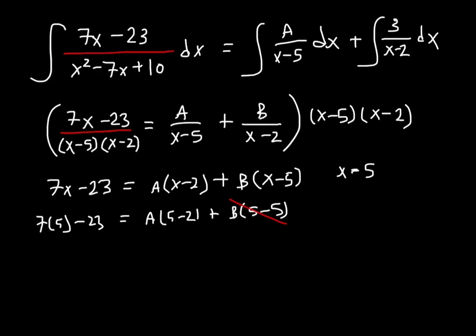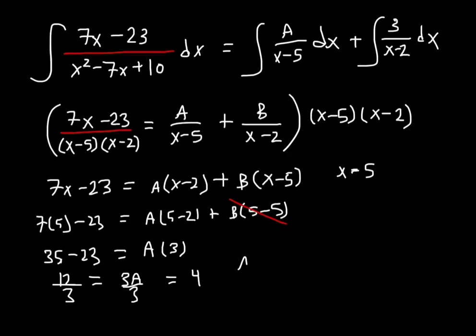So this is just gone because it's 0. So 7 times 5 is 35, minus 23 equals A times, so 5 minus 2 is just 3, and then 35 minus 23 is 12, which equals 3A. And then you'll simply divide by 3, and 12 divided by 3 is just 4. So A is equal to 4. So replace A with 4.